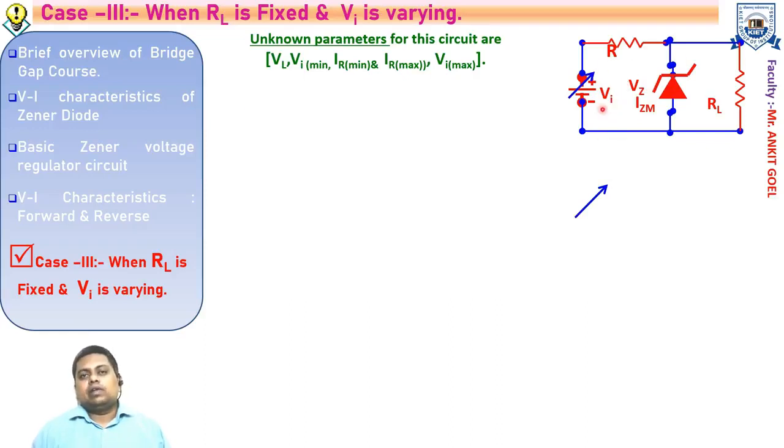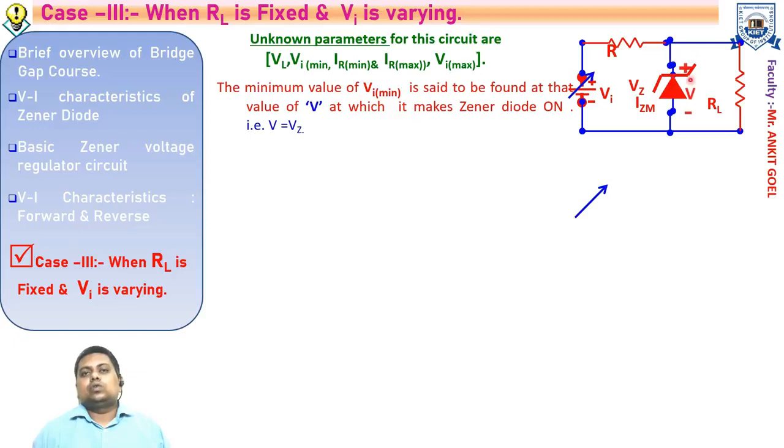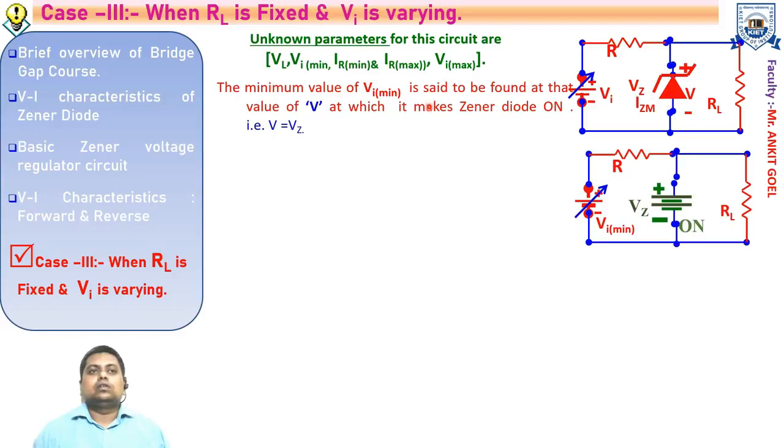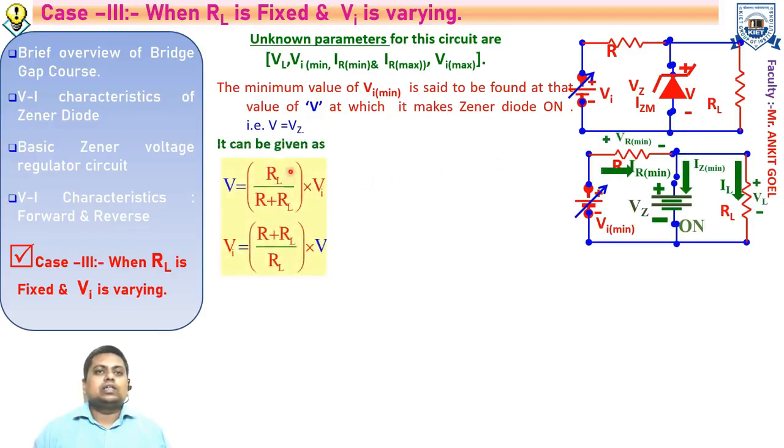To find the minimum value of the Vi, which makes the Zener diode be in the on state, you just use the previous methodology as in case 2 or case 1. Just replace the diode and find the value of V, as we already know that V can be calculated as RL upon R plus RL into Vi. Calculate the input voltage Vi in terms of V. Vi is equal to R plus RL upon RL into V. Now the value for which this voltage across the Zener diode will become Vz will give me the minimum value of the input voltage Vi.